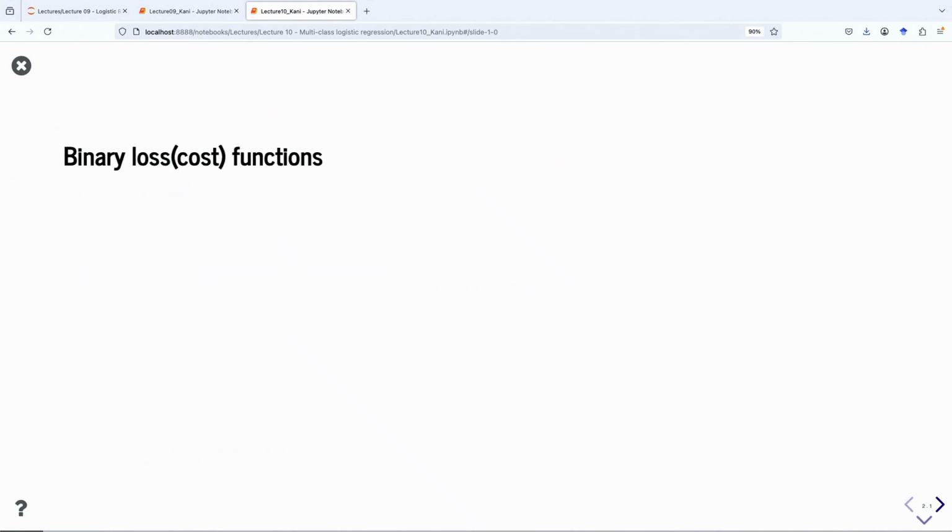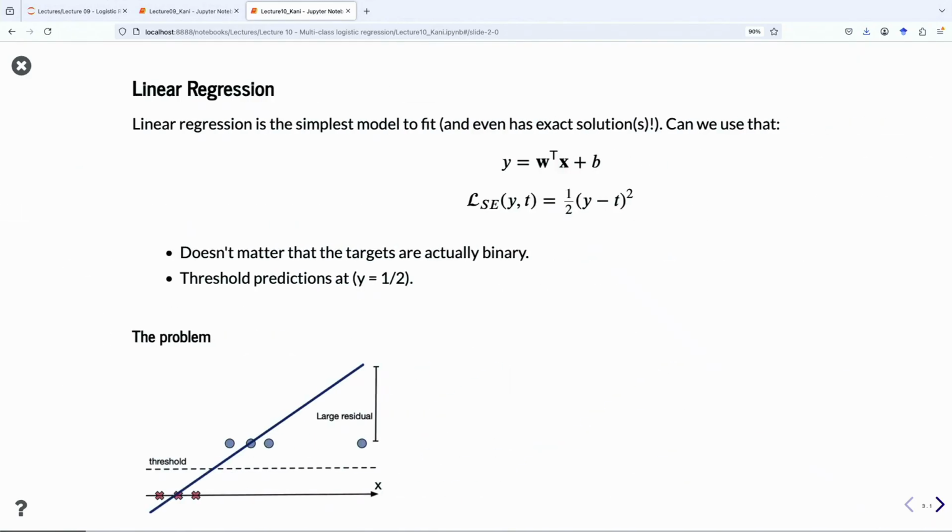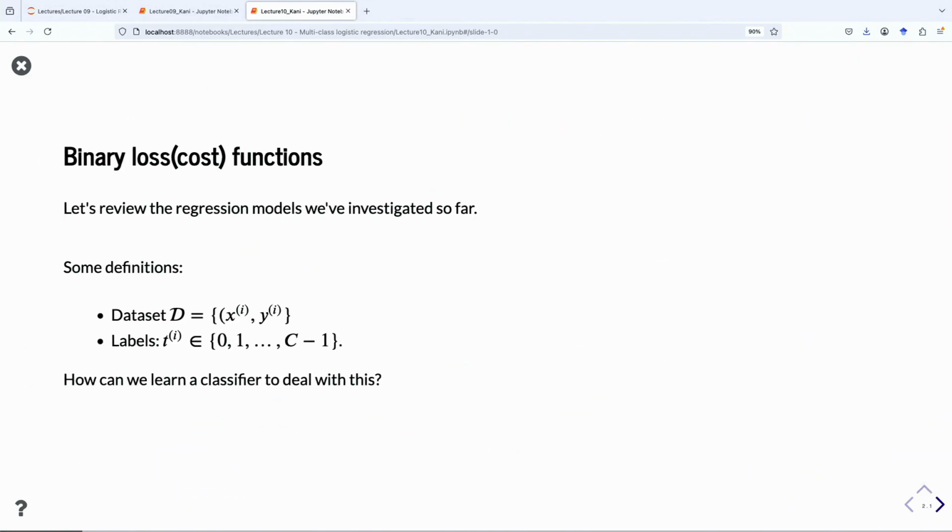Yeah, so binary loss, binary cost functions. Let's do a brief review of what we've learned. So just a bit of data. We have a data set, and we have a bunch of labels. With the binary case specifically, our labels are of the form 0, 1, but later in this lecture we're going to have multiple labels, basically C labels.